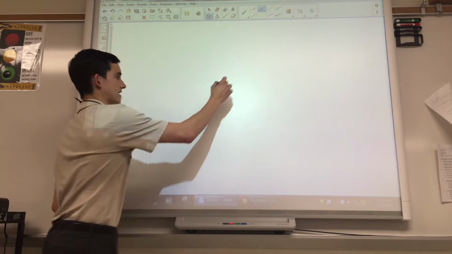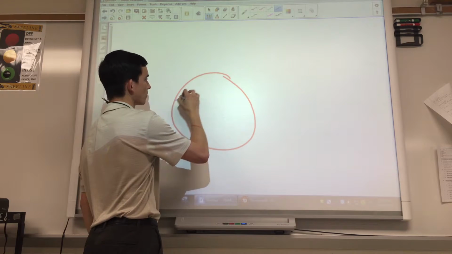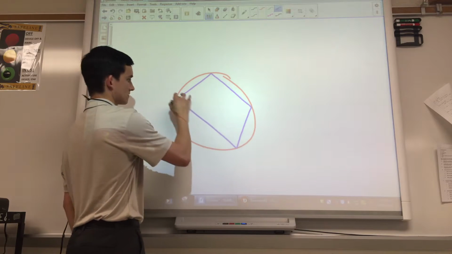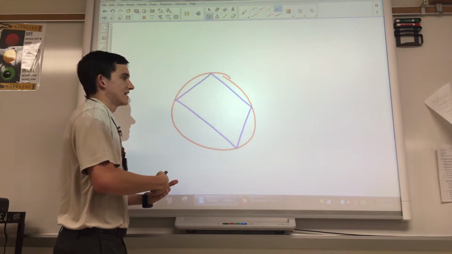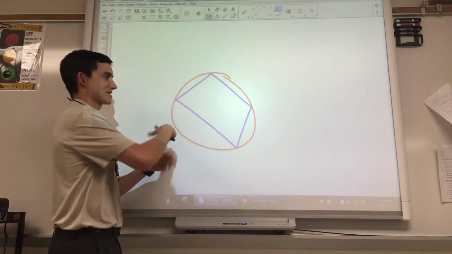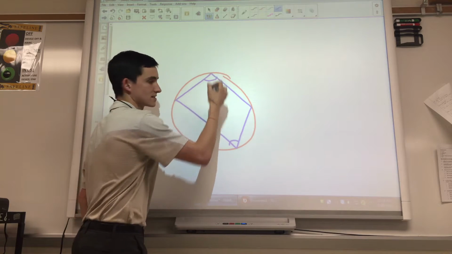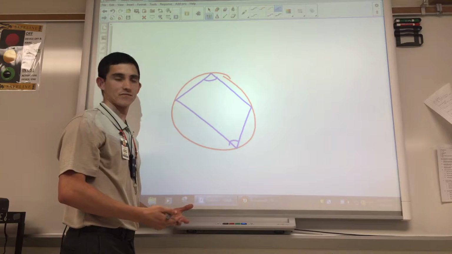In a circle. So like, are you talking maybe something like this? You have a quadrilateral inscribed in a circle, right? And it's opposites. It's not perfectly made, I didn't want it to be perfect. This and this are supplementary. They add up to 180. Remember that?